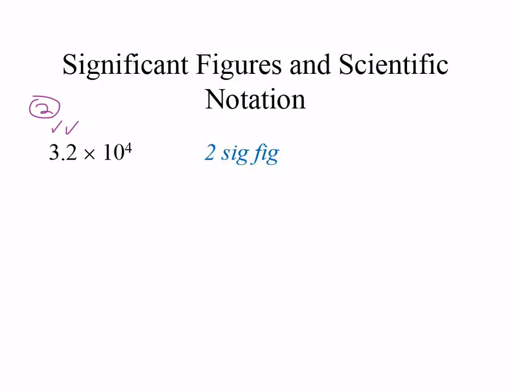So this is that 32,000 again. So if I needed to write 32,000 and show 3 significant figures, I could pack it up in scientific notation and show 3 significant figures in the coefficient. And that works. So 3.20 times 10 to the 4th, it's the same number, but now the 3.20 gives me 3 significant figures.